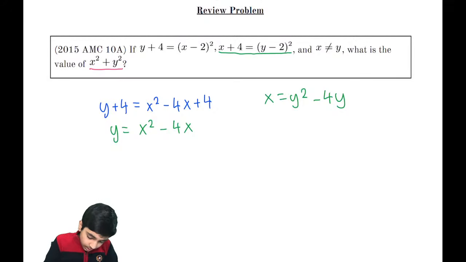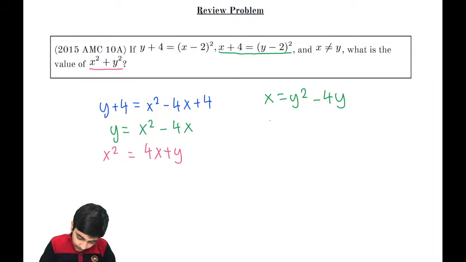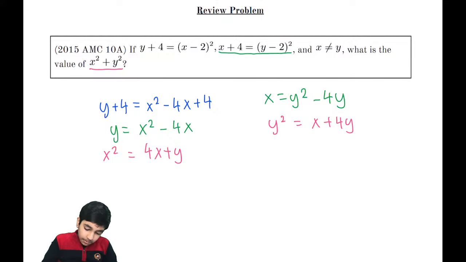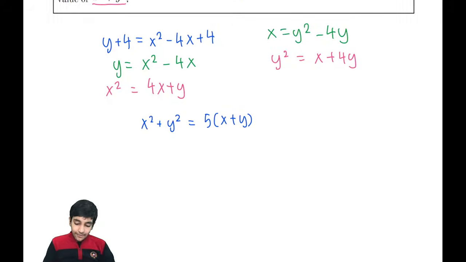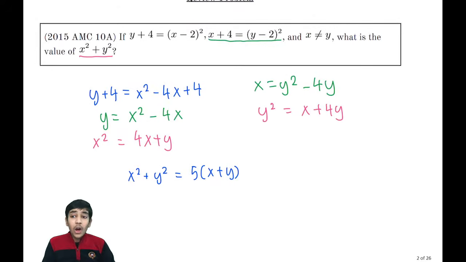From this expression, we can add 4x to both sides to get x squared is equal to 4x plus y. And y squared is equal to x plus 4y, since you just add 4y to both sides. That means x squared plus y squared is equal to 5x plus 5y, or 5 times x plus y. Now we really just need to find x plus y. So now what can we do?